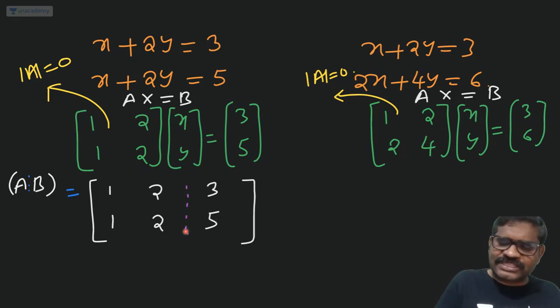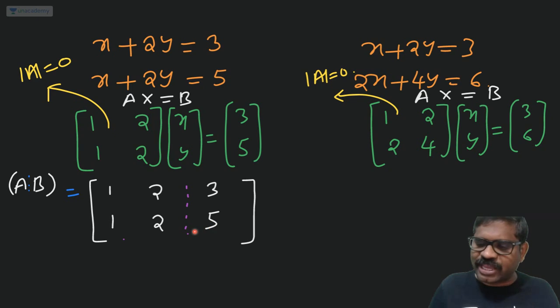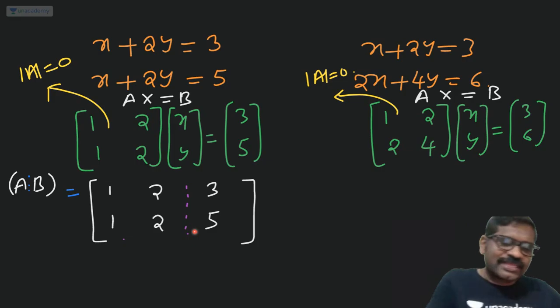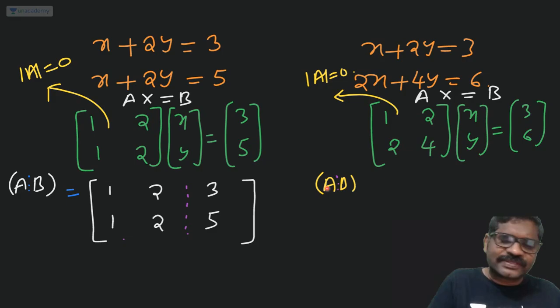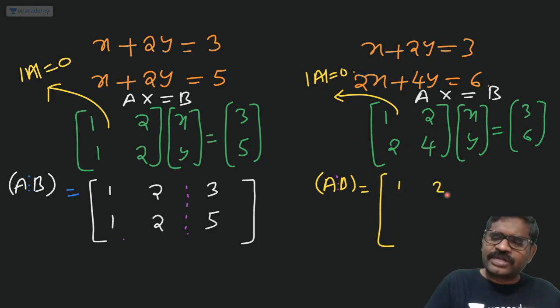Left side of the dotted line is A, right side is B; combined, the overall matrix is AB. Similarly here, augmented matrix AB is 1, 2, 2, 4, 3, 6.